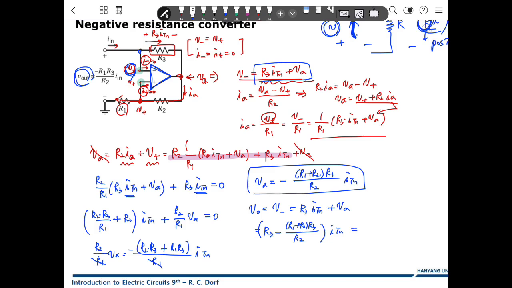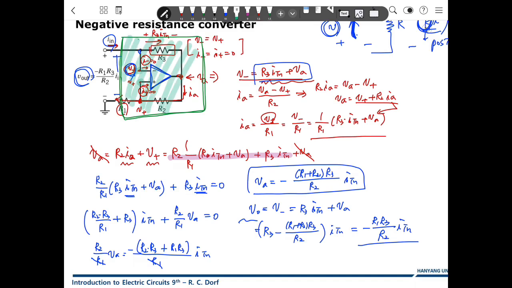There will be minus R2 R1 R3 I in. So V out is these values. So the voltage drop here, in the viewpoint of the I in, is like one block here and a block here.